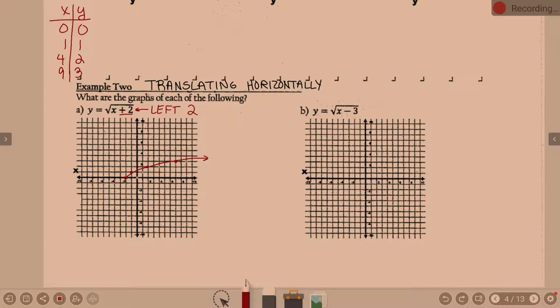Because if I take 0 in here and I put in 0, 0 plus 2 is 2, and now I'm doing the square root of 2. Wasn't that what we were trying to avoid earlier? Yeah, it was. So if you want to do an XY chart, you essentially have to subtract 2 off of all this 0, 1, 4, 9 to make it work. So this is why I teach take your original values and translate.